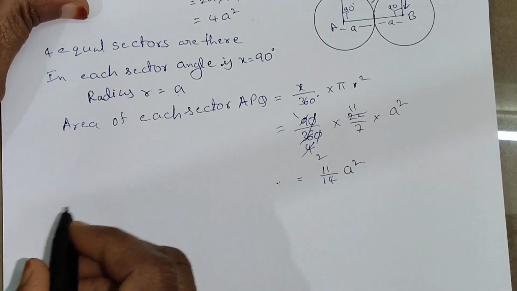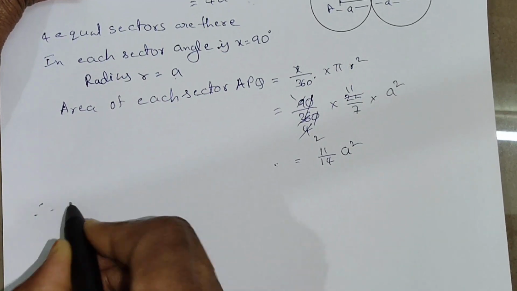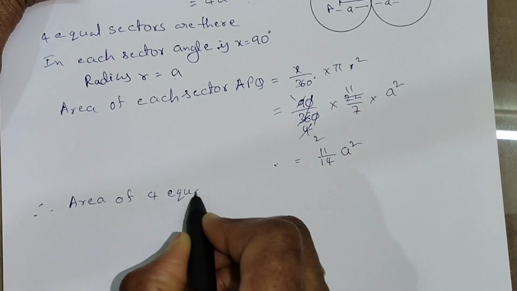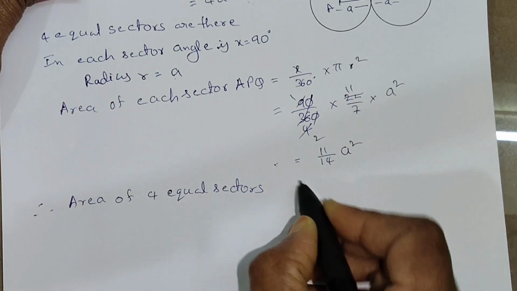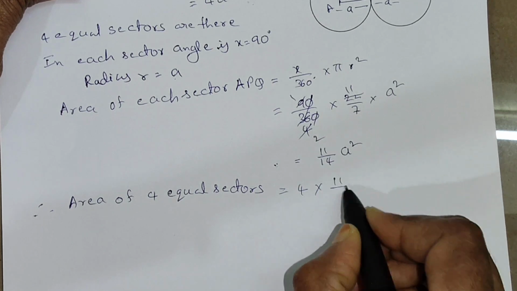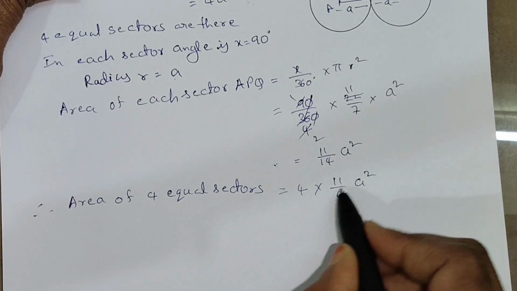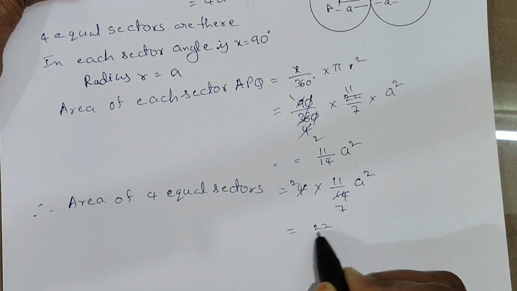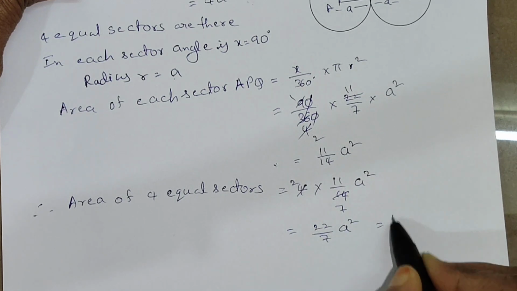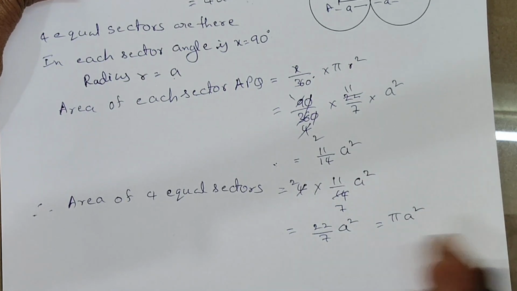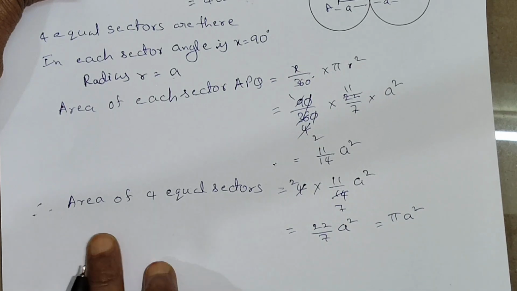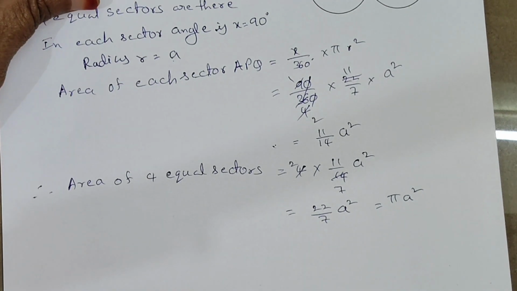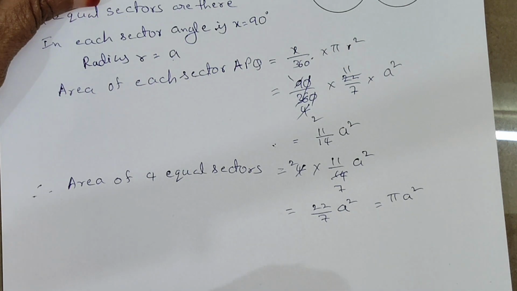Now we find the area of the 4 sectors. Therefore, the area of 4 equal sectors is equal to 4 into 11 by 14 a square, which equals 22 by 7 a square. We can write pi a square also, both are the same. This is the area of 4 equal sectors. Now we find the shaded region, the area in between them.